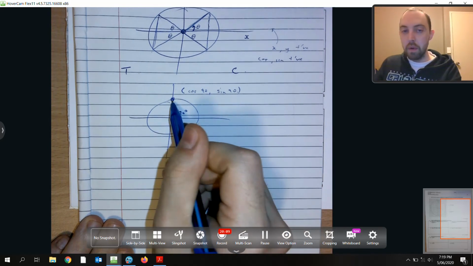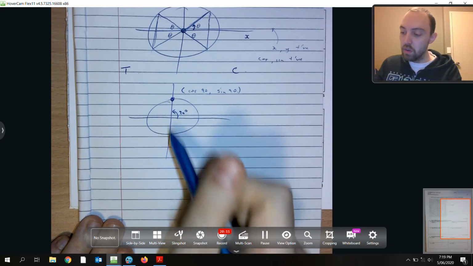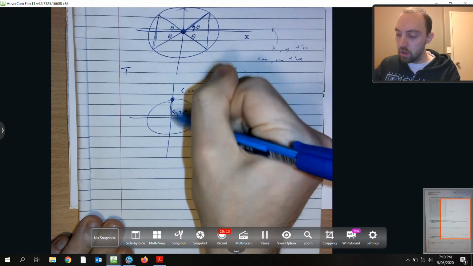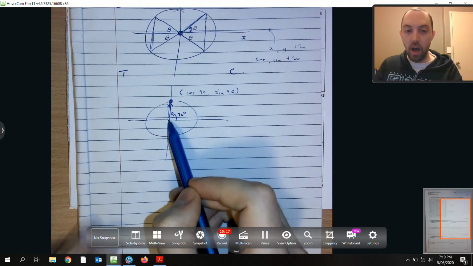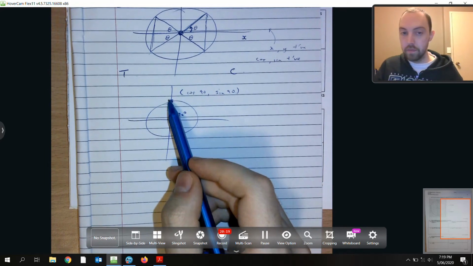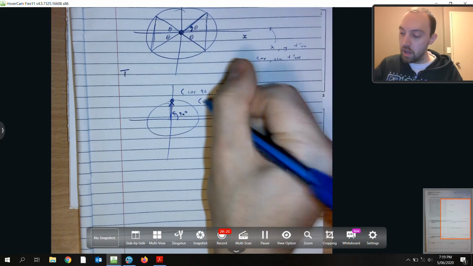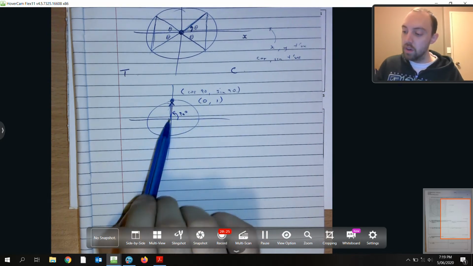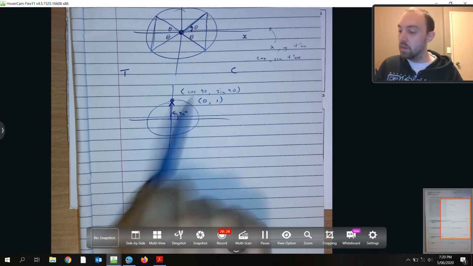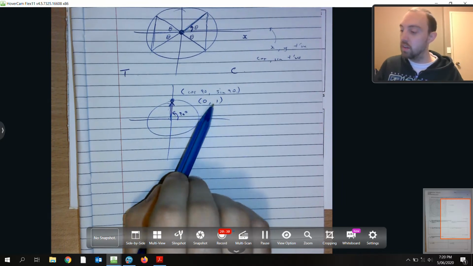Remember that the radius of a unit circle is 1, that's why it's called the unit circle. So I have a height of 1 and an x value of 0. So cos 90 is 0, sine of 90 is 1.